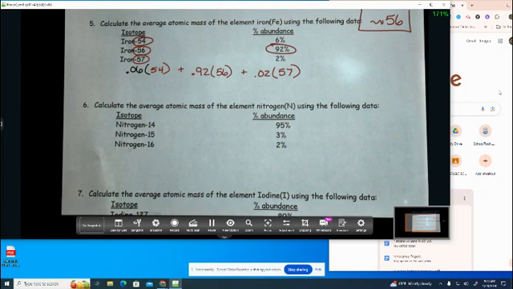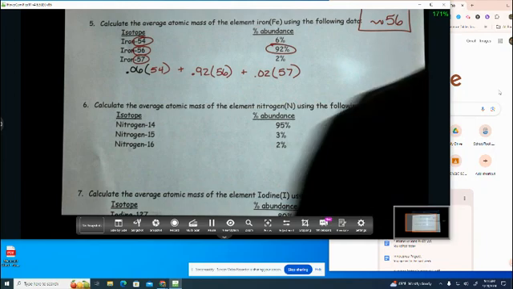Let's take a calculator out and clear it. 0.06 times 54 plus 0.92 times 56 plus 0.02 times 57. 55.9?